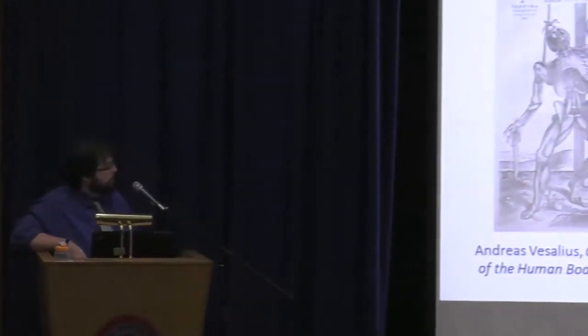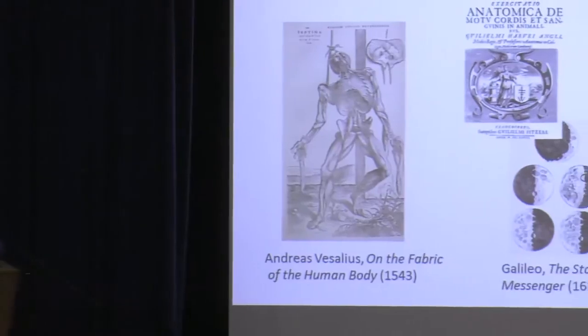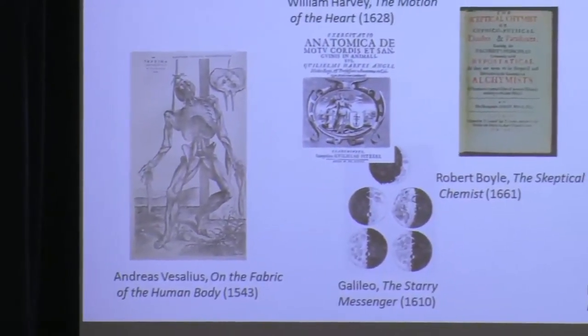From here on you can follow me on the slides, which are in your hands as well. As I said, it's really important to keep in mind that in 1543, the same time that Copernicus is publishing his work, he's not the only person doing what we see as the beginning of early modern science.